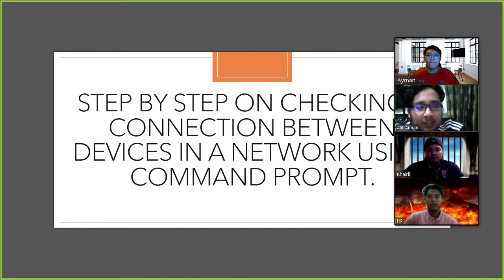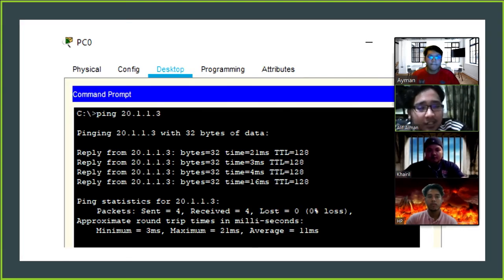Now I will explain the steps on checking a connection between devices in a network using command prompt. To check that the two PCs, which are PC0 and PC1, are connecting, we will direct each PC to ping the other.